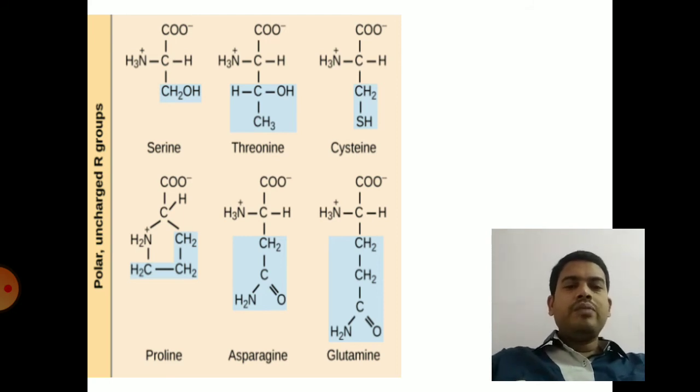Serine and threonine play an important role in post-translational modification of proteins. That means after the protein is synthesized, the proteins are modified, especially at the sites where serine and threonine are present. Those modifications involve phosphorylation, glycosylation, etc. If you take O-linked and N-linked glycosylation, they occur especially at serine and threonine residues of the protein.